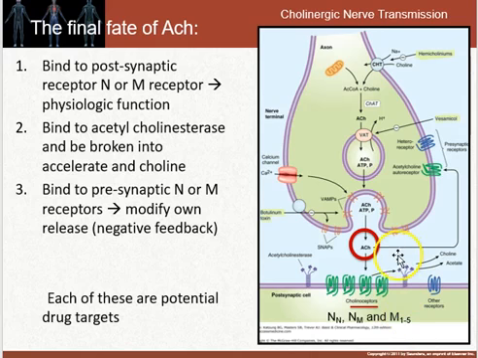One thing I do want to draw your attention to is this acetylcholinesterase enzyme that exists within this synapse, which would obviously degrade acetylcholine, breaking it down into its building block components. A lot of these are drug targets, but we're really going to focus specifically on the nicotinic and the muscarinic receptors.